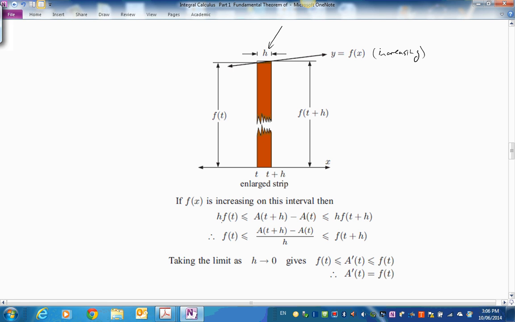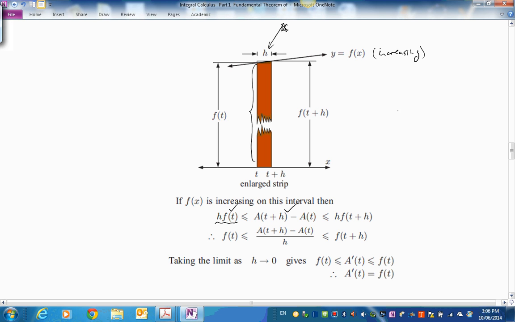What can you say the area of the smaller rectangle is? That's the one coming underneath there. So what is the height of that? That's f of t times the strip width is h, and our actual strip width, going by the difference between the function values there, is that one.